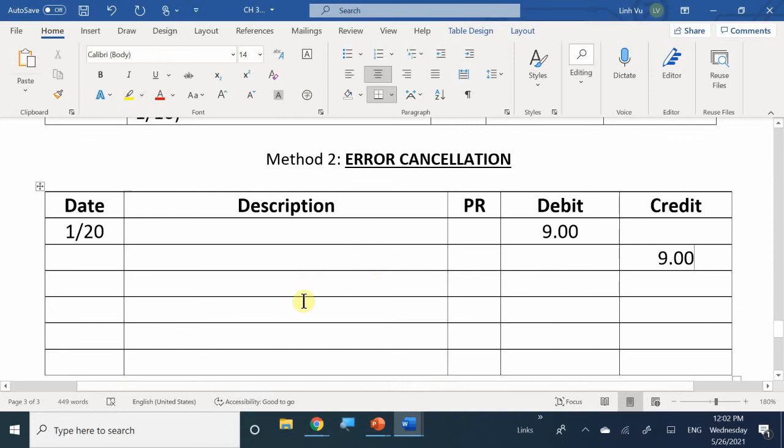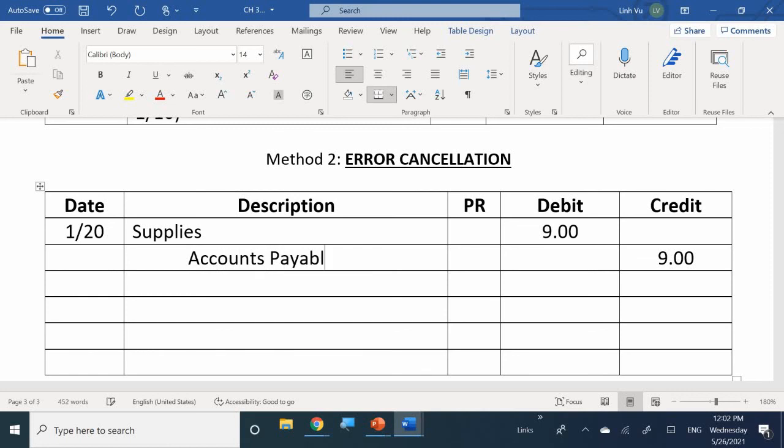So in this case, you're going to be increasing your supplies because you're short by $9. And your accounts payable says that you owe 65, but you recorded that you only owe 56. So therefore, you need to also increase the amount that you owe by $9.